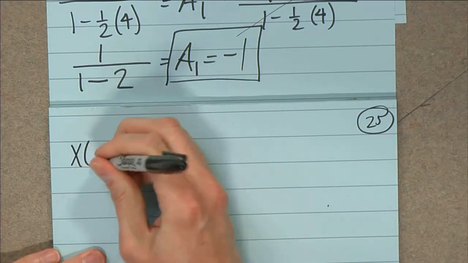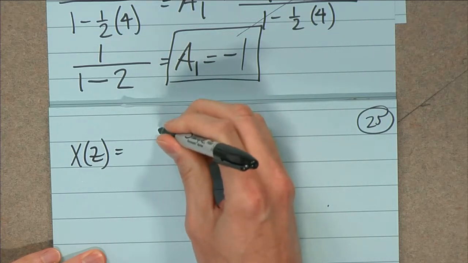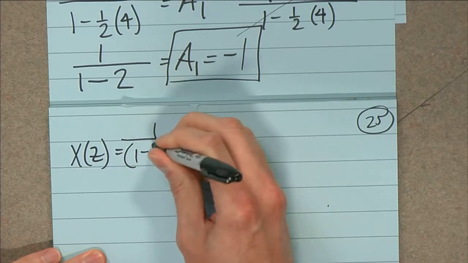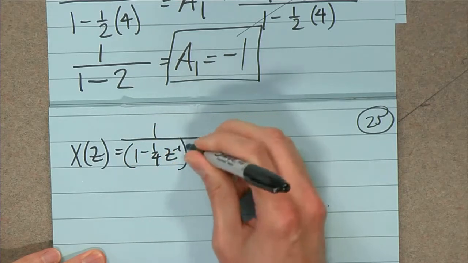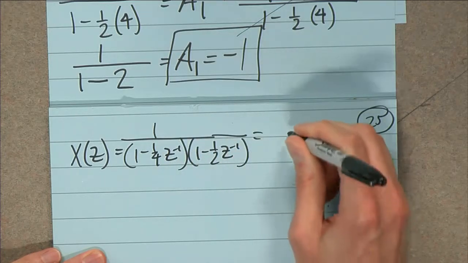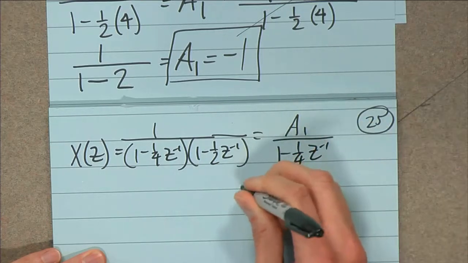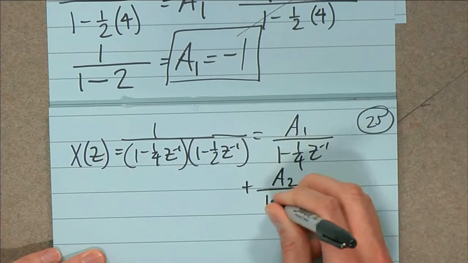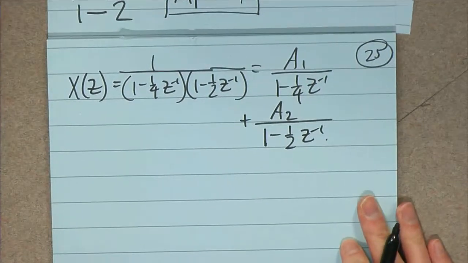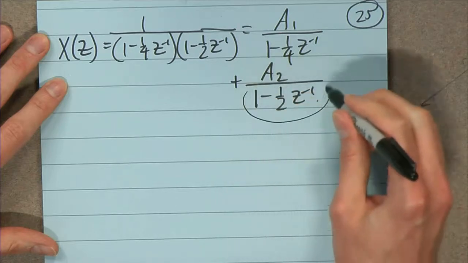So we'll go back and do it one more time. 1 over 1 minus 1/4 z inverse, 1 minus 1/2 z inverse, equals a1 over 1 minus 1/4 z inverse, plus a2 over 1 minus 1/2 z inverse. So we already got a1, so now we're down to a2, so let's multiply both sides times this quantity.